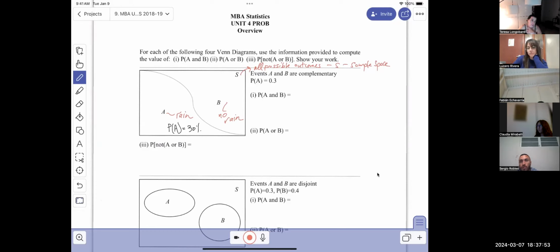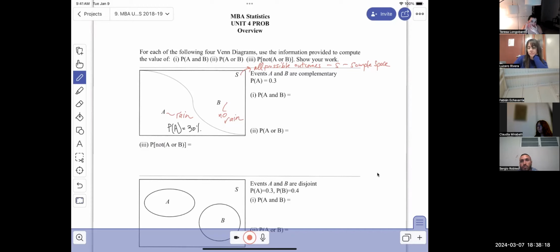I'm basically going to just calculate the number of times there's rain and the number of times there's no rain and do it enough times to believe that I have a good representation of what's going to happen in the future. Maybe I'll get some other information about climate change or something like that and help make a prediction. Though here's a number, 30%.